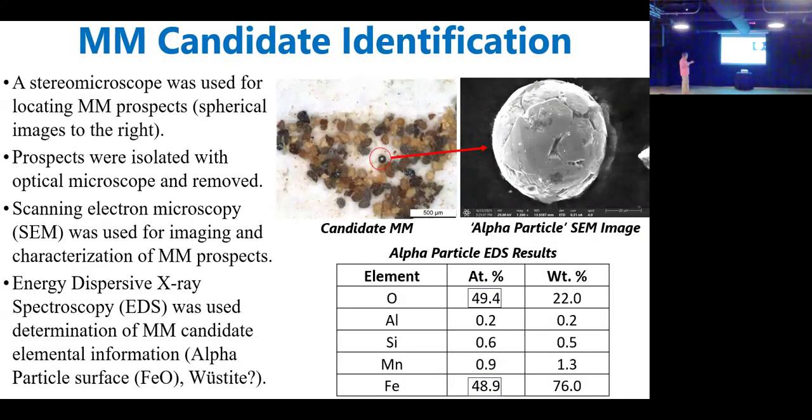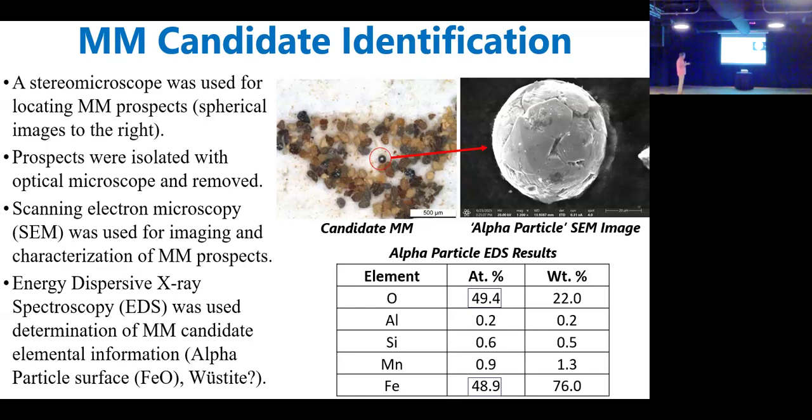That particle that I showed in the previous image is highlighted here, and now we're looking at it under the scanning electron microscope. It's odd looking, right? That was my first conclusion. It looks like platelets, but it's very spherical. We then went to energy dispersive X-ray spectroscopy, which will give us elemental composition.